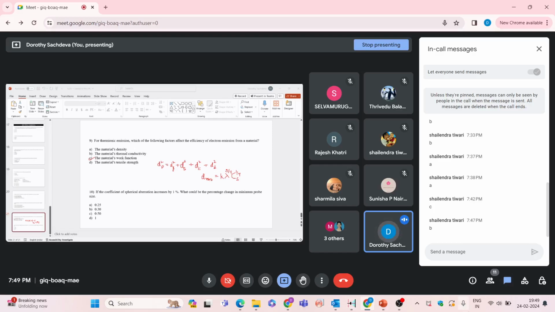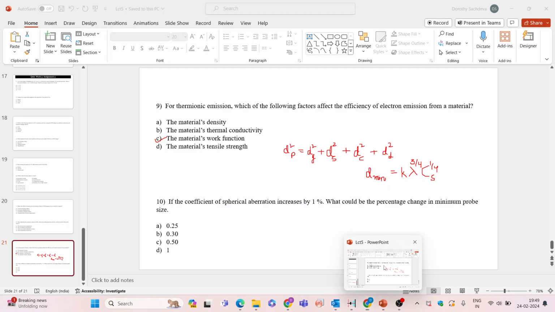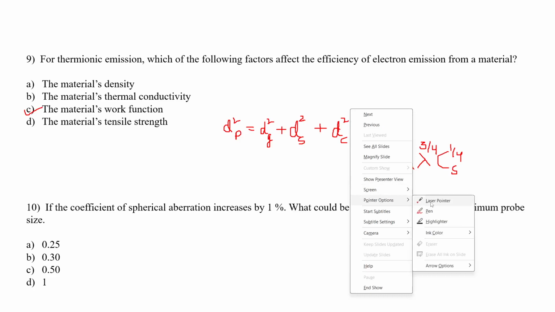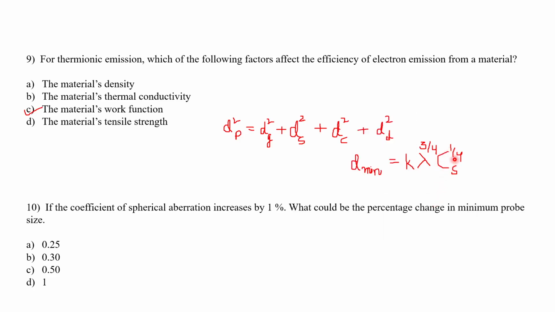Because CS here is changed by only 1%, and it is related to D minimum to the power 1 by 4, so 1% to the power 1 by 4 will be 0.25%. Do you got it? The answer will be option A.